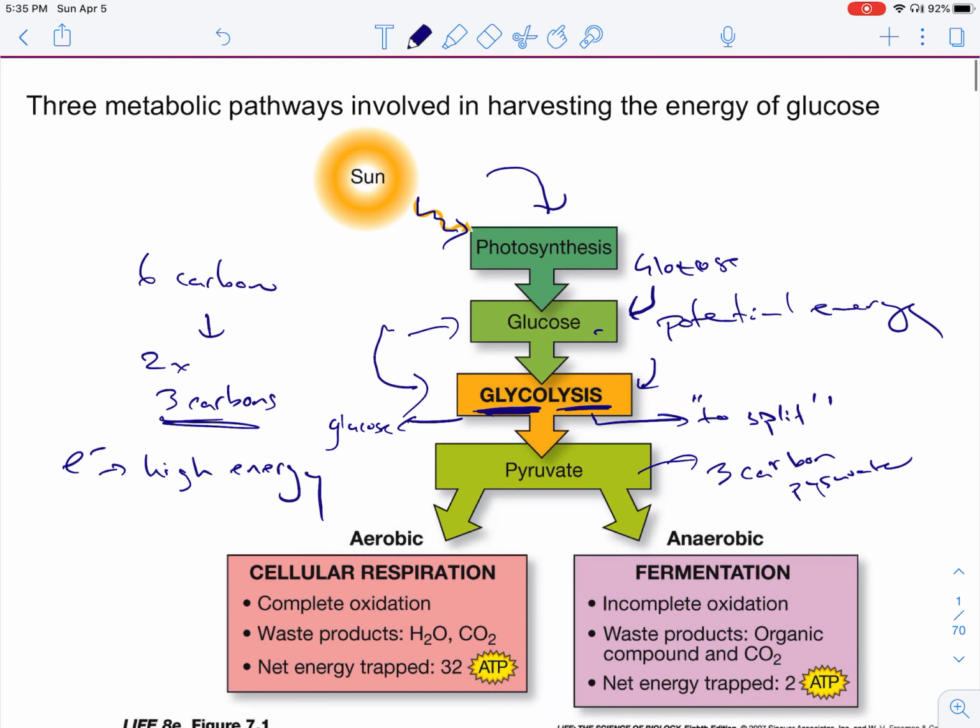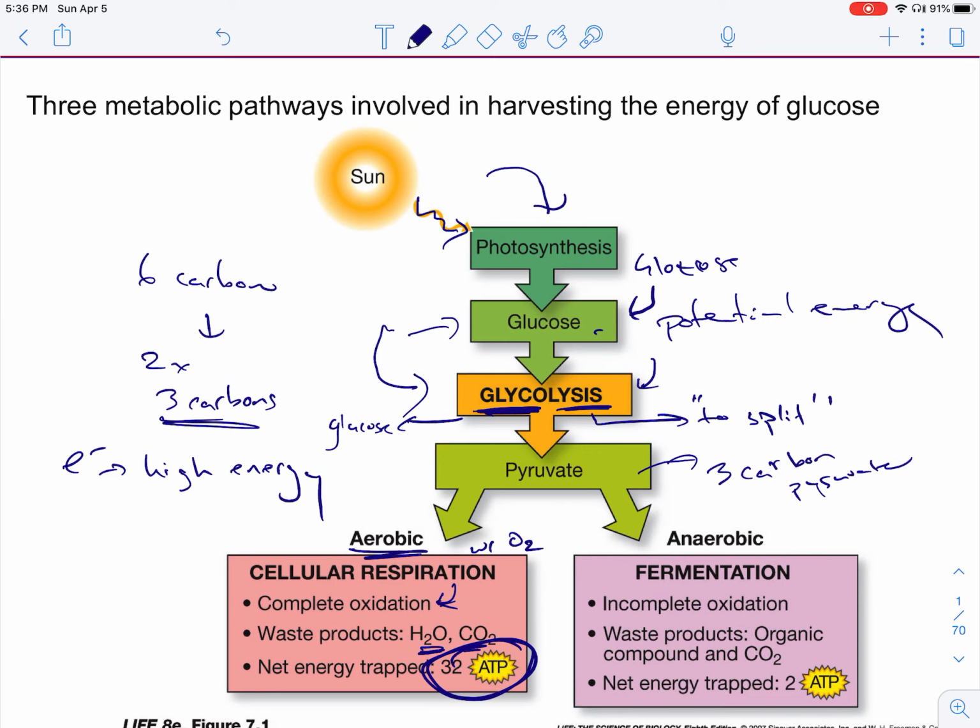And then there is a choice that can be made here if oxygen is present. So aerobic is with oxygen, then you completely oxidize this pyruvate. You go down to as low as you can go, carbon dioxide and water, and then you form 32 ATP.